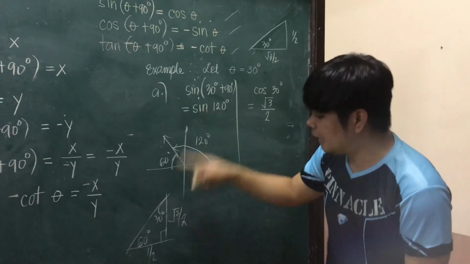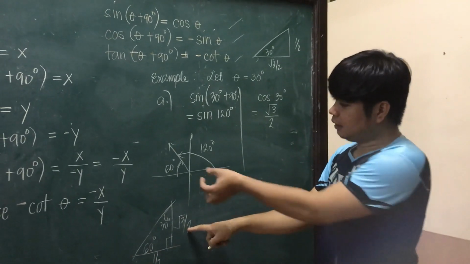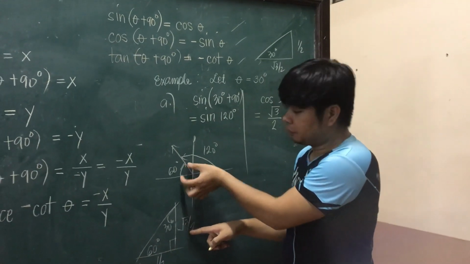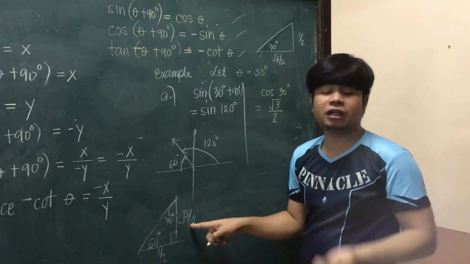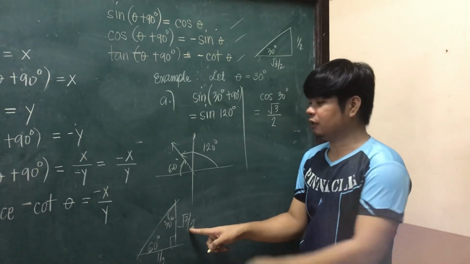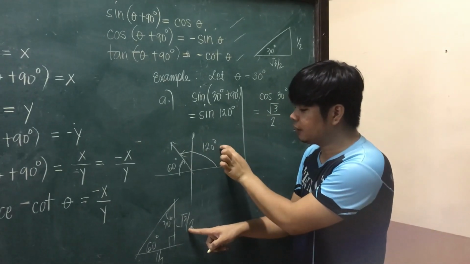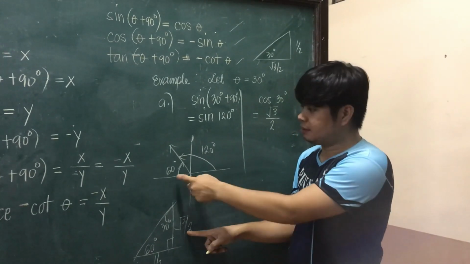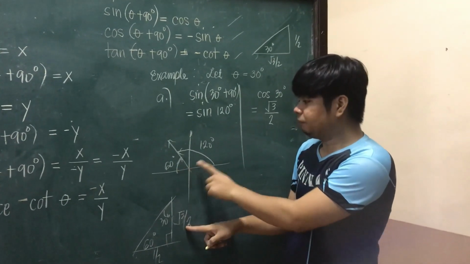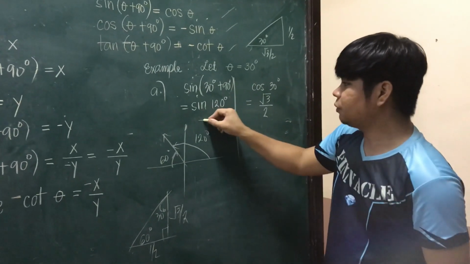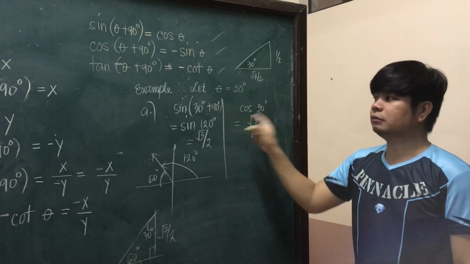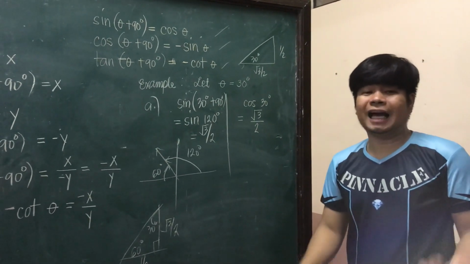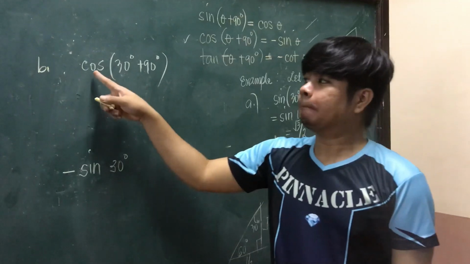So sine 120 degrees can also be sine 60 degrees. You see, that is the shortcut, that is the importance of the reference angle. And that is equal to square root of 3 over 2. They are equal, and that makes it an identity.